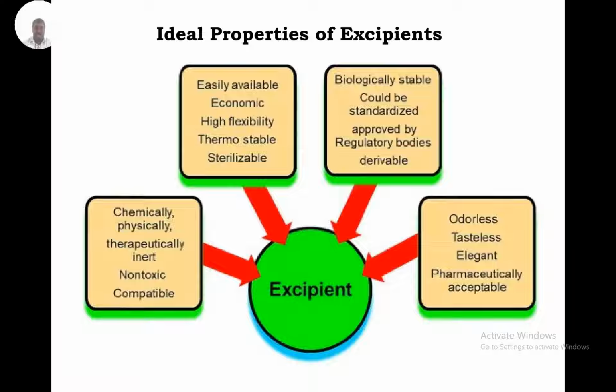It should be economical, and it should be thermostable because some preparations like ointments and creams are prepared by heating the excipients or the lipid substances. It should be biologically stable and standardized, so we can calculate the amount of the excipient. It should be analyzable and approved by various regulatory bodies in different countries.